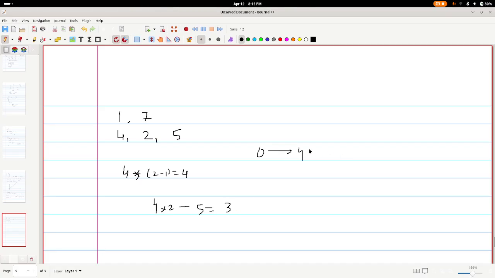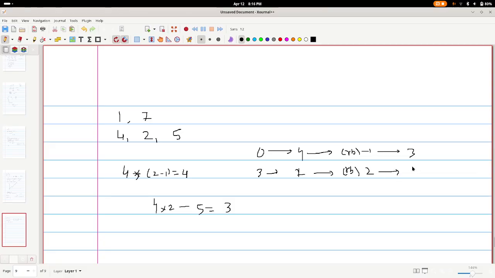So yeah, 0 to 4, there will be a rollback. So minus 1, and again 3. Now from 3 to 7, I can go. Then there will be a rollback. 7 minus 5 is actually 2.